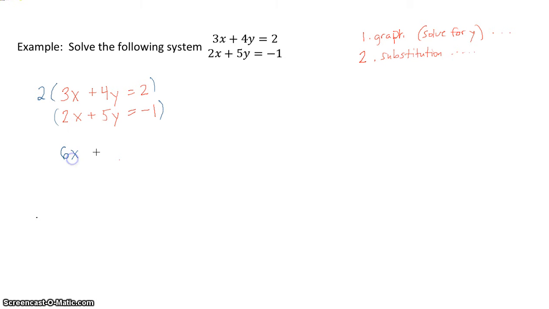So I'm left with 6x plus 8y equals 4. I'm going to multiply the second one by something as well, but it's perfectly legal to multiply everything by some number. Now I'm going to multiply the second one by a 3, and not just a 3, a negative 3. So this one becomes a negative 6x, this becomes a negative 15y, and that's going to equal positive 3.